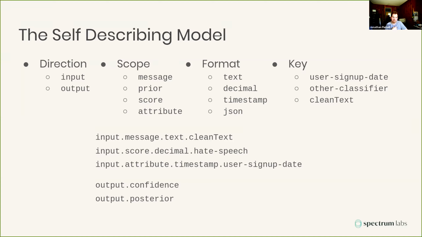Then whenever we create a new model for a specific use case or client, I know that I can just name my tensors with this format and I'll get the data that I need, and I know the format that it's going to be coming into the model at.